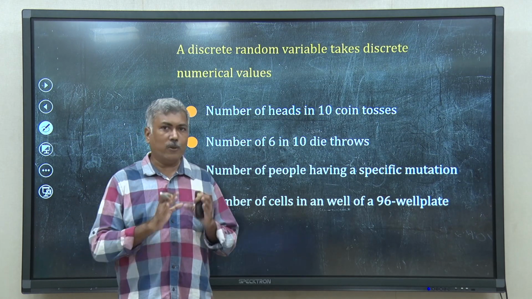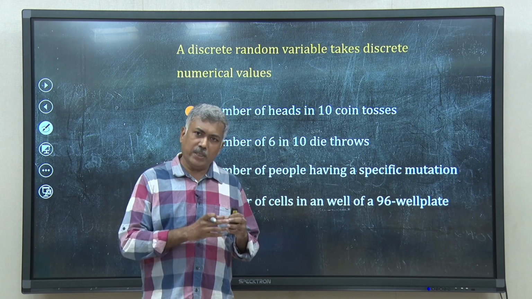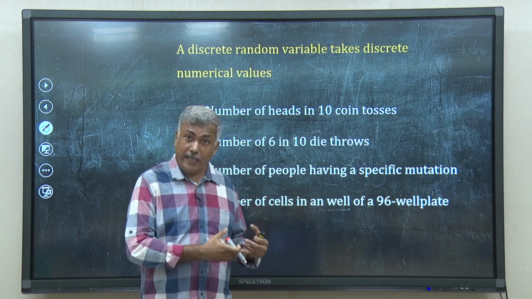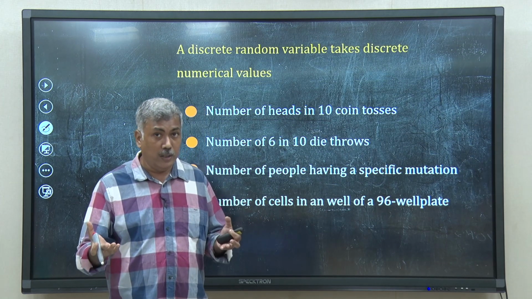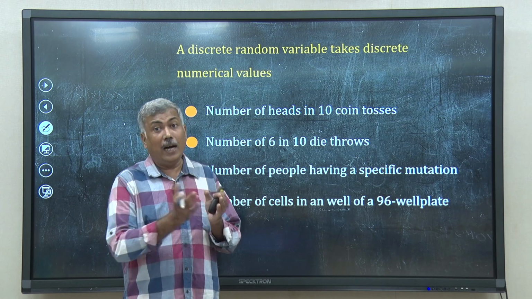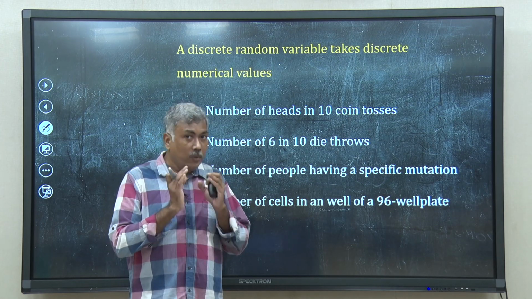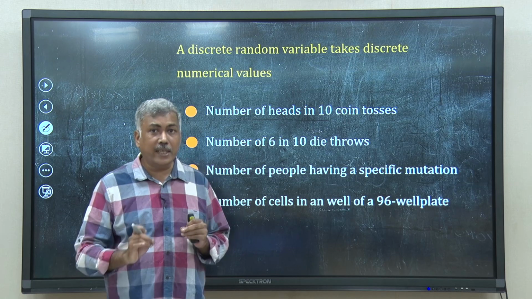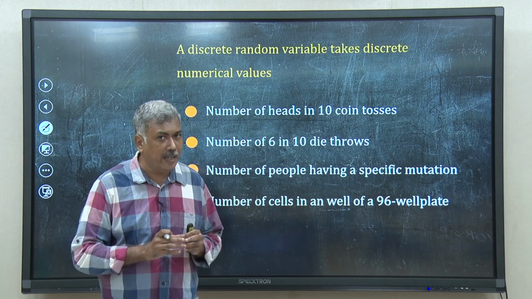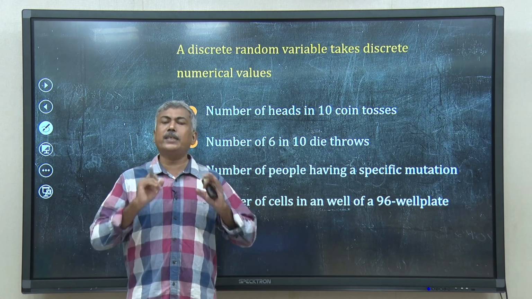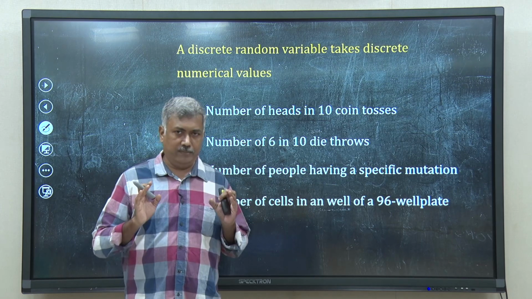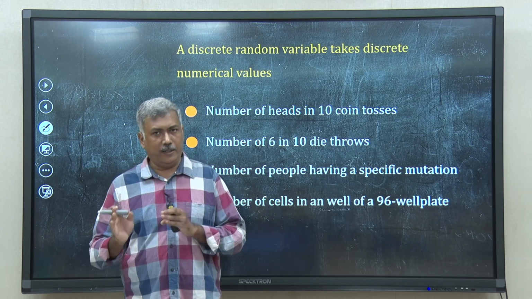No. Our common sense says no. In some wells it may be 20, in some it may be 25, in some other well it may be 19, 10, it can even be 0, because of the way we have diluted, we have only 20 cells in 100 microliter. So you can see here the number of cells that you are seeding in this 96 well plate is a random variable, and this is a discrete random variable, because cell number cannot be 12.35, it can be either 12 or 13, right.